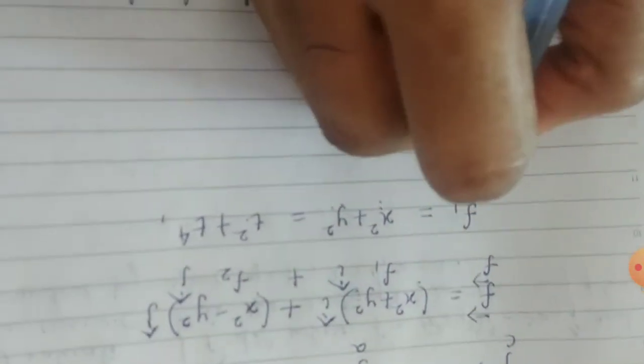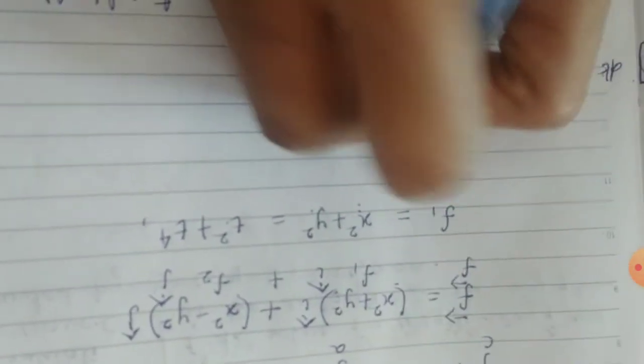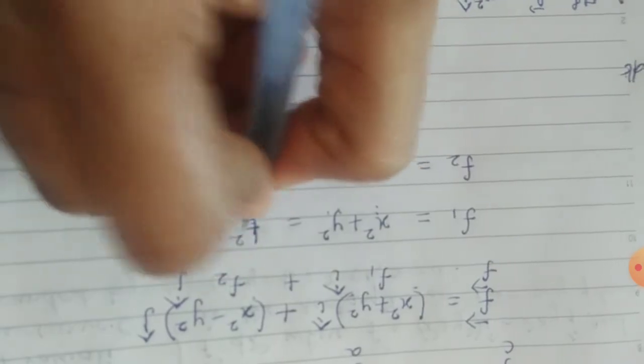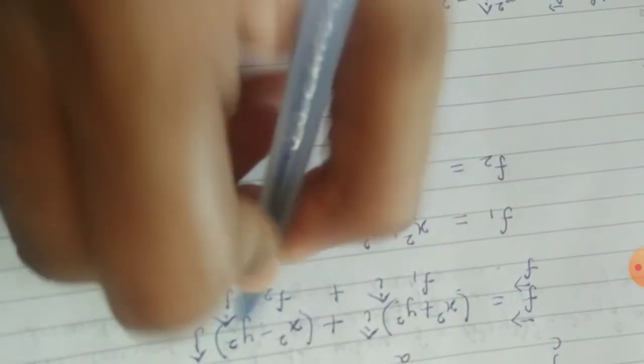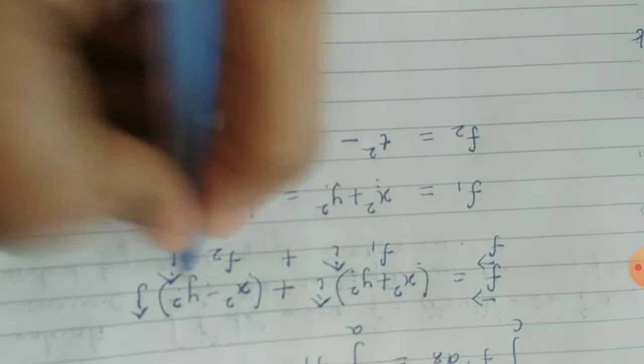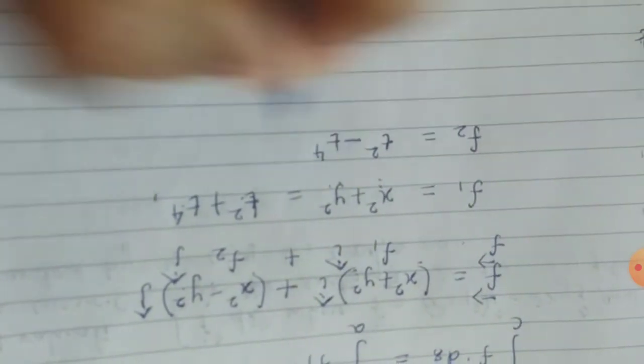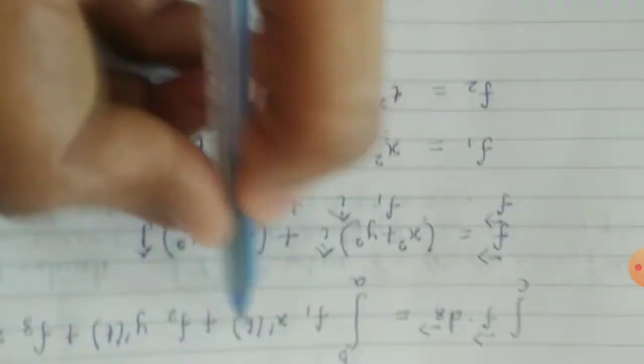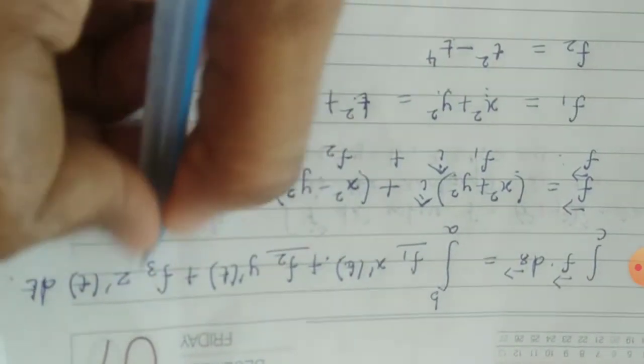Similarly, f2 is x squared minus y squared, which is t squared minus t power 4. In this F vector there is no f3.